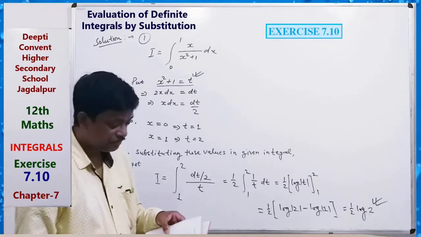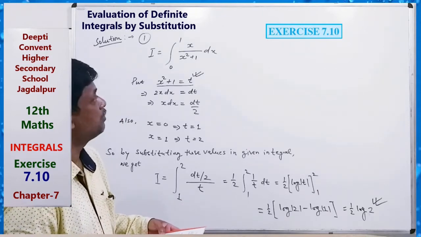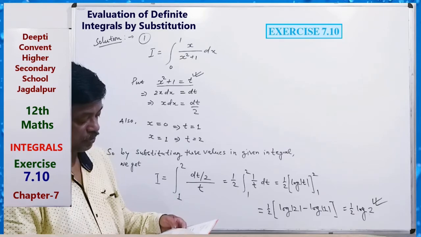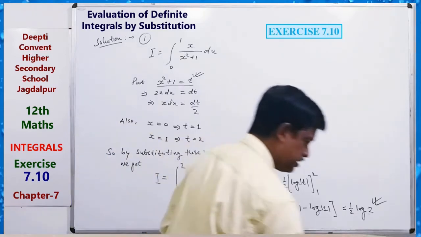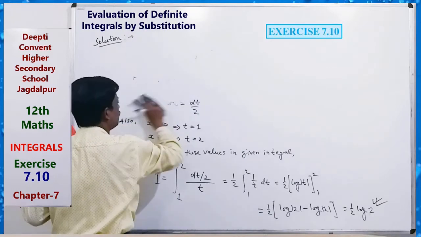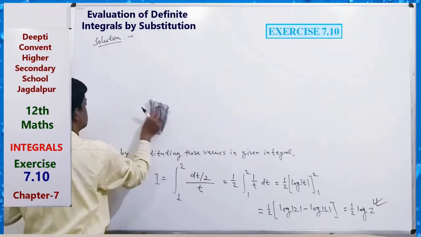Question second: integral from 0 to pi by 2 of root sin phi cos phi d phi. It is also very simple. How can you solve it? The main thing is substitution. What will be the substitution?